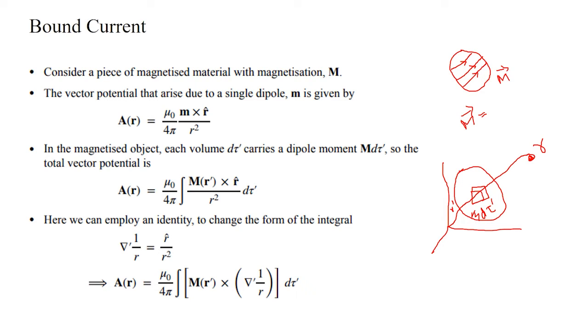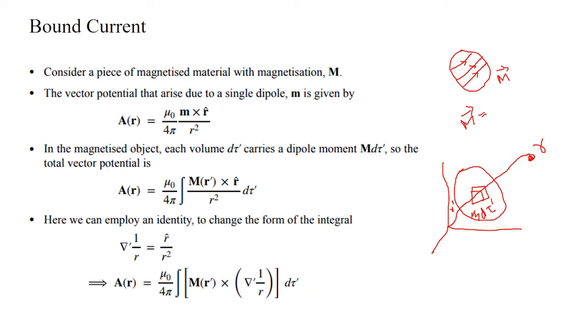Then the total vector potential can be represented as A of R equal to mu naught by 4 pi integral of M of R prime cross R cap divided by R square d tau prime. Next, we can employ an identity to change the form of the integral: gradient prime of 1 by R equals R cap by R square.